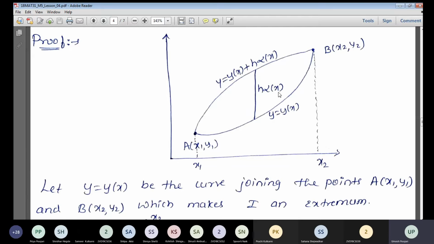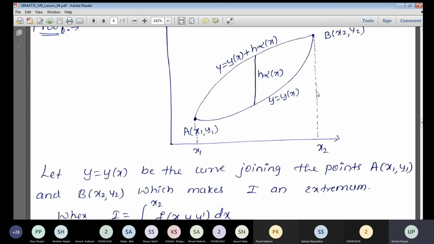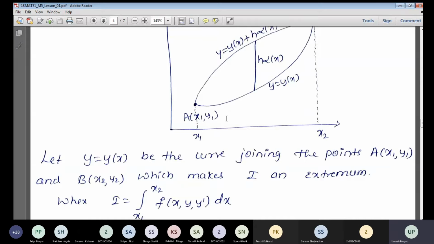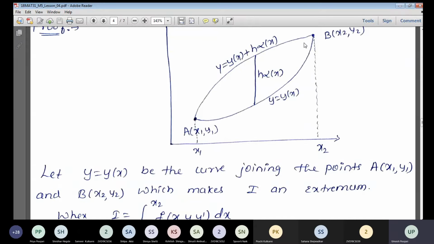So first I am considering this y equal to y(x) between A and B, which makes the integral I an extremum, which means along this curve we have to find whether the integral I is maximum or minimum.